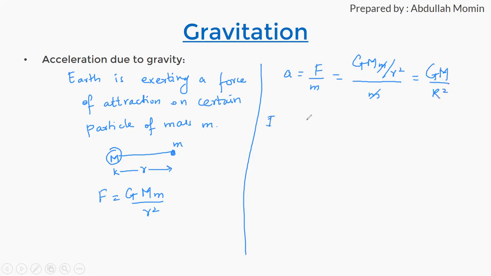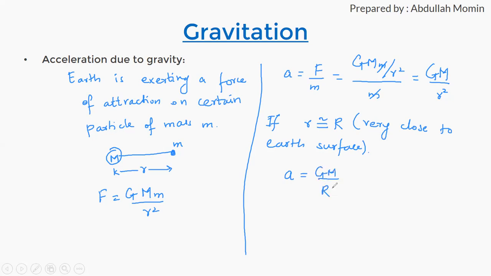And if this is your small r, and small r is almost equal to capital R, which means the object is very close to the earth's surface, so we can write acceleration is G M upon capital R square.